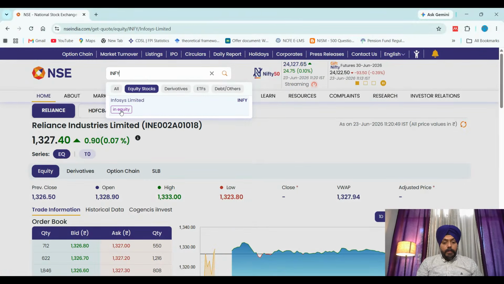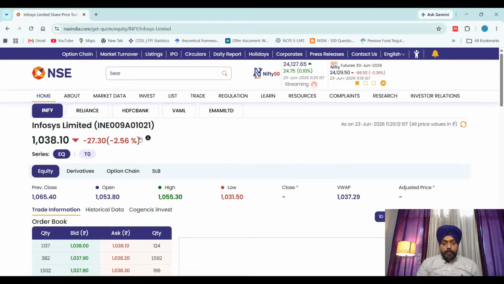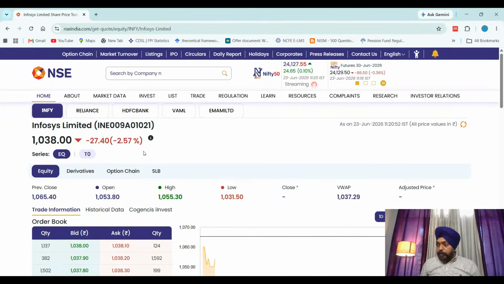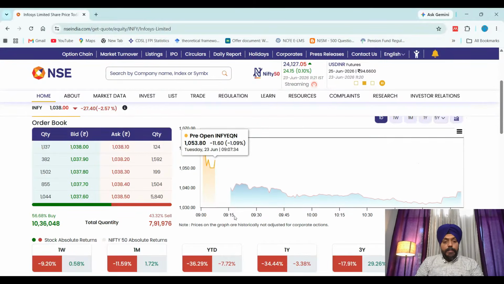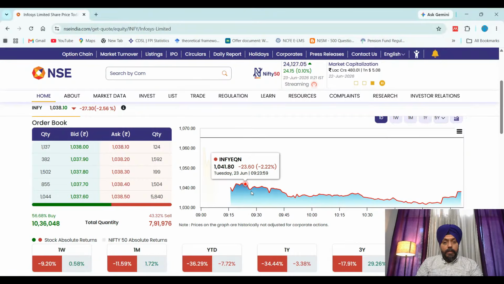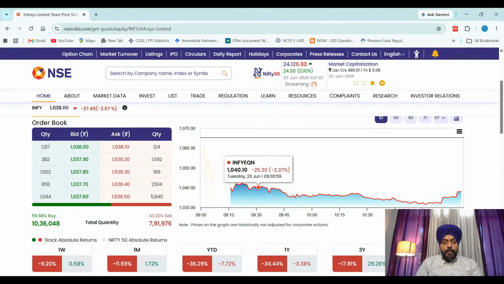Infosys. So you can see Infosys, I will just note down this detail so that I'm able to save time. Okay, so for Infosys, what is the 9:30 AM price? It's 1040. 1040 was the price at 9:30.